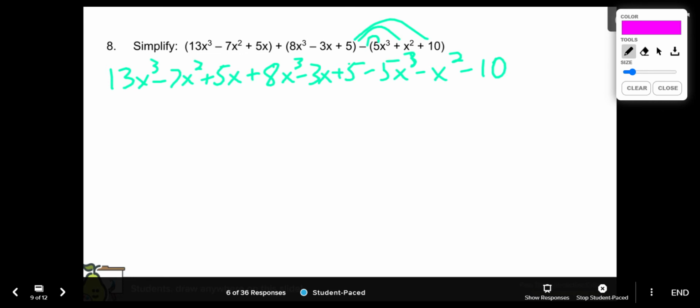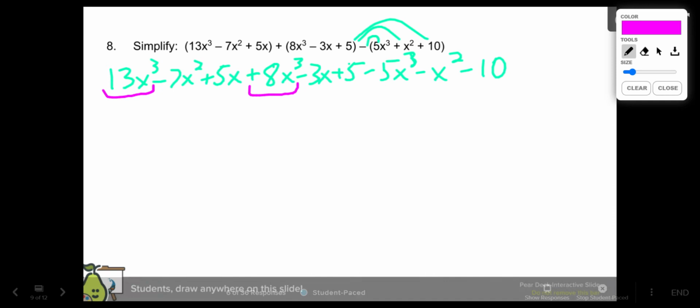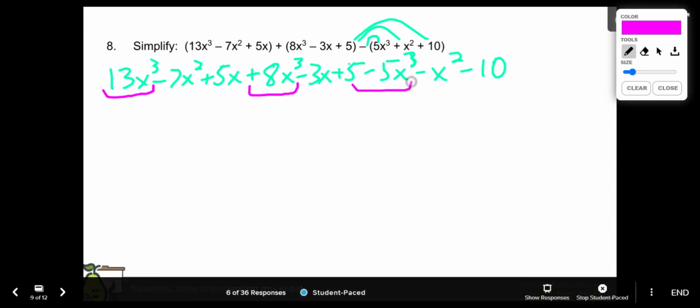So now we can combine our like terms. The highest degree here is to the third power. So I have 13 plus 8. So that's 21 minus 5. It's going to be 16x cubed. We want to look at x squared. So I have this minus 7x squared and minus 1x squared.